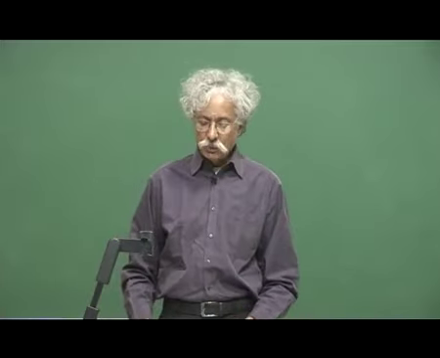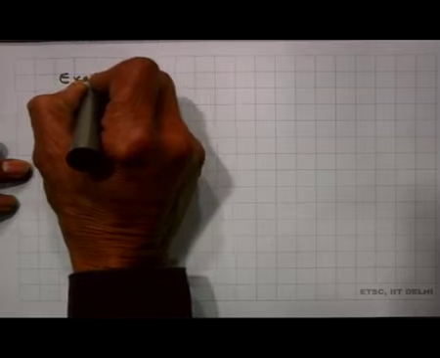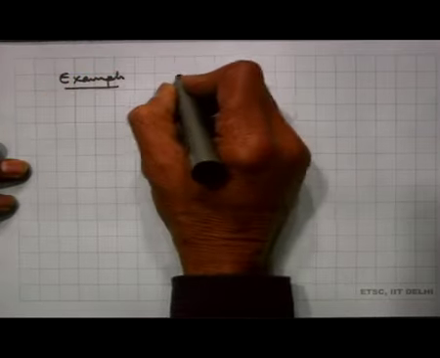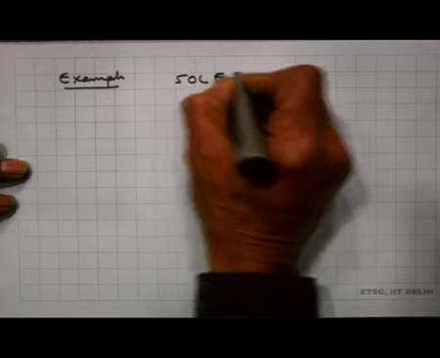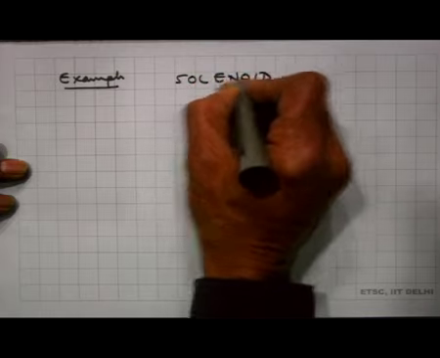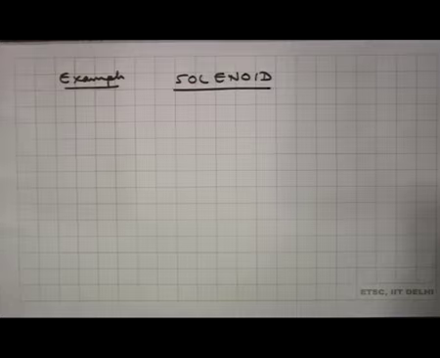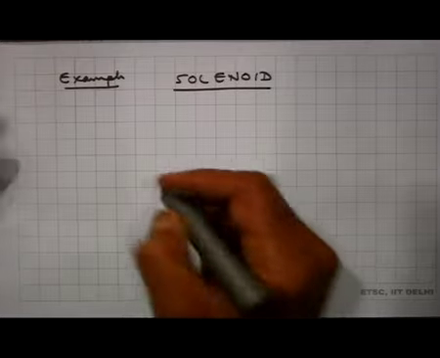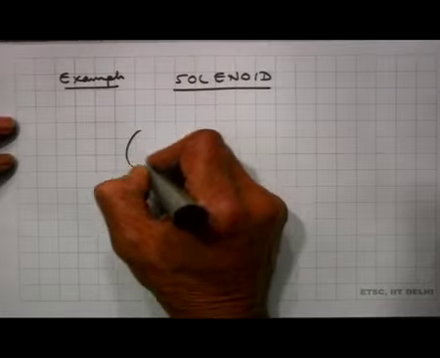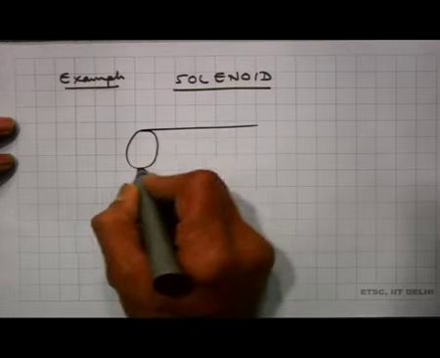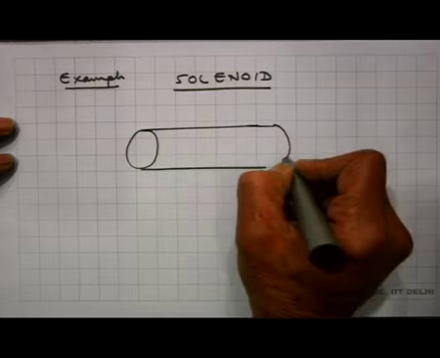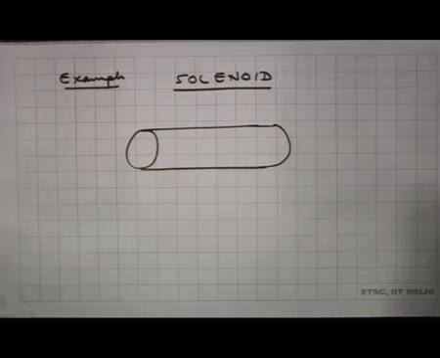Now, I want to look at another very important device. Another example: the solenoid. A solenoid is a device which usually has a circular cross section, and it has a current carrying wire wound around it. Let me draw it.